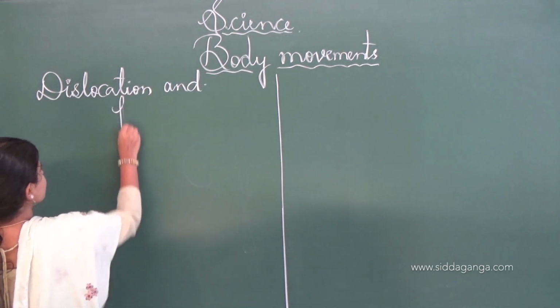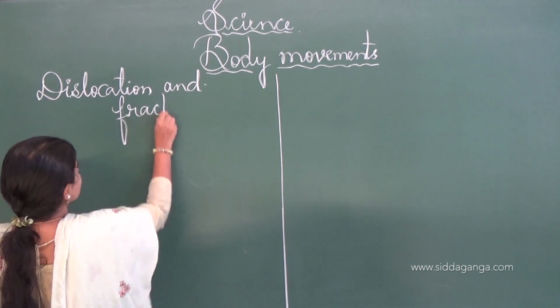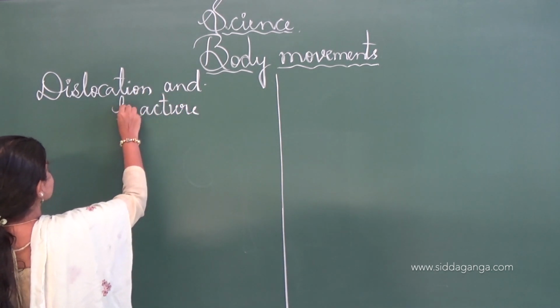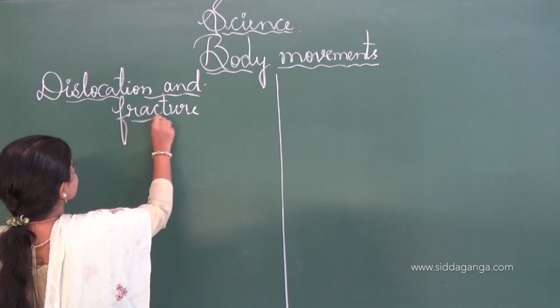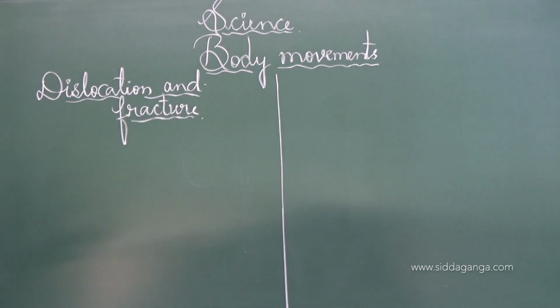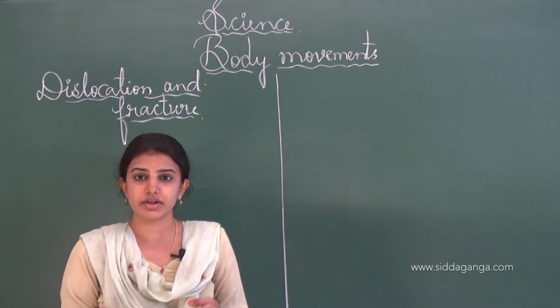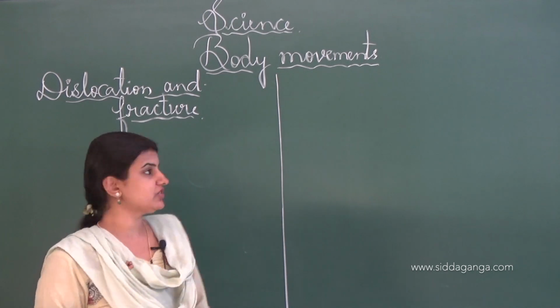Dislocation and fracture. Due to accidents, bones get broken or they get dislocated from their position.